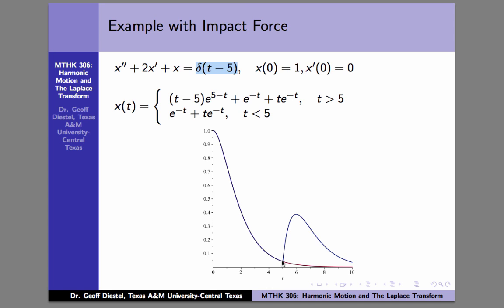So once t equals 5 and that impact occurs, all that was really doing was transferring momentum, throwing the object upward, and then the object is just following the homogeneous solution with different initial conditions now. In a sense, we think of t equals 5 as a new initial observation right after the impact, and that would give us a solution according to those new initial conditions, which would be defined by the impact.